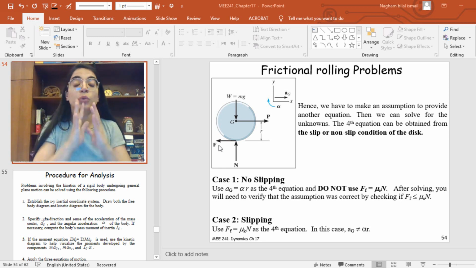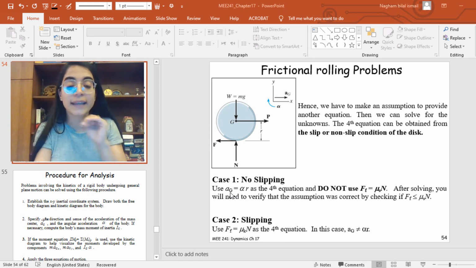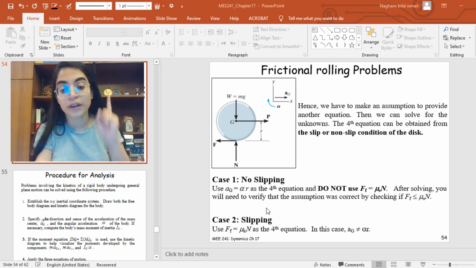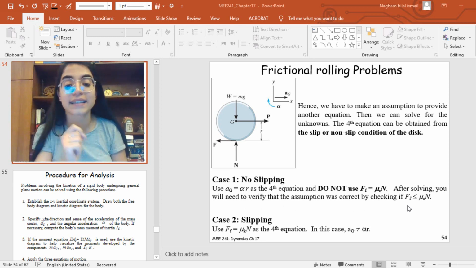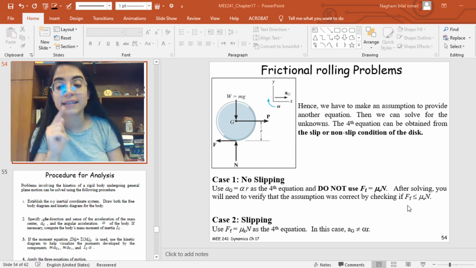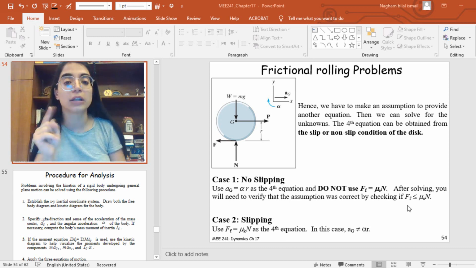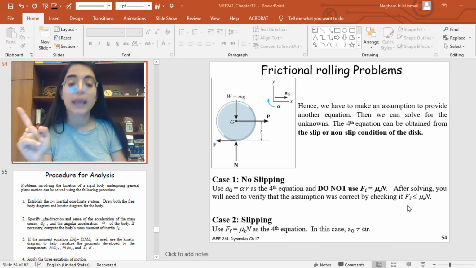So what you have to do is take the fourth equation as a_G equals alpha times r, and we don't use F friction equals mu_s times N, but we always have to verify this assumption by checking if F is less than mu_s times N. If F is not less than mu_s times N, this means I don't have a no slipping condition and my assumption is not correct.